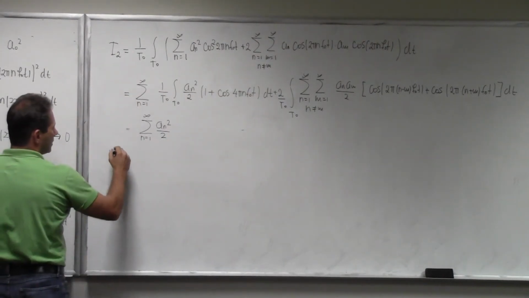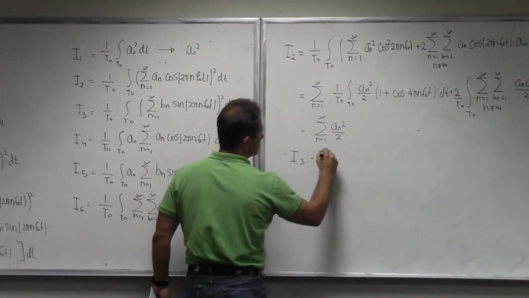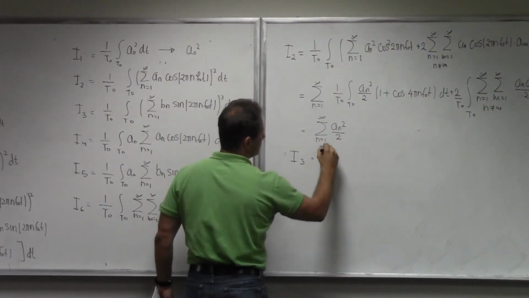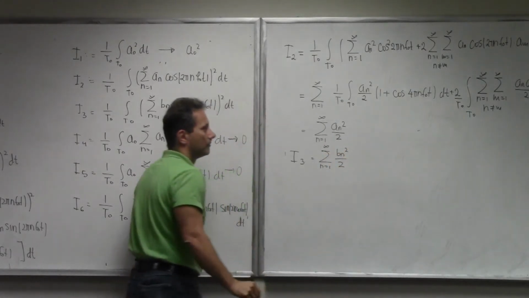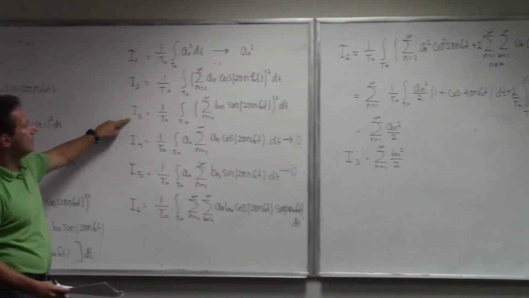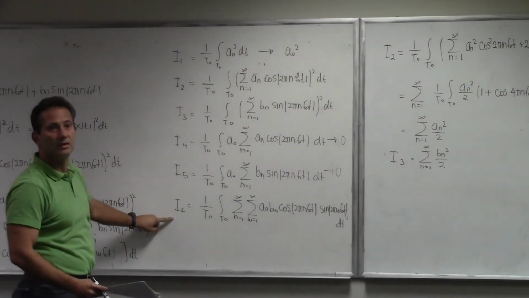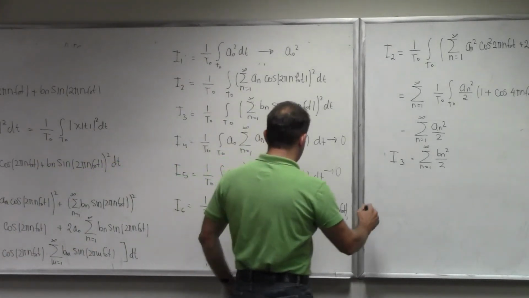If you do the same calculations for I3, you get that this is sum n equal 1 through infinity bn squared over 2. All right, that's this guy. So we have everything calculated except for the last one, right? And let's just do the last one.